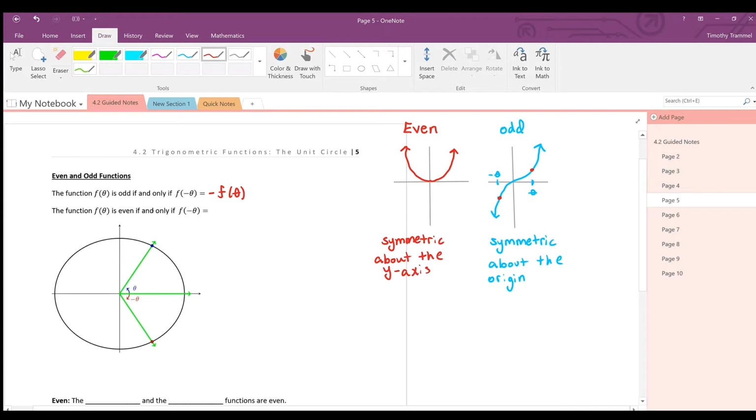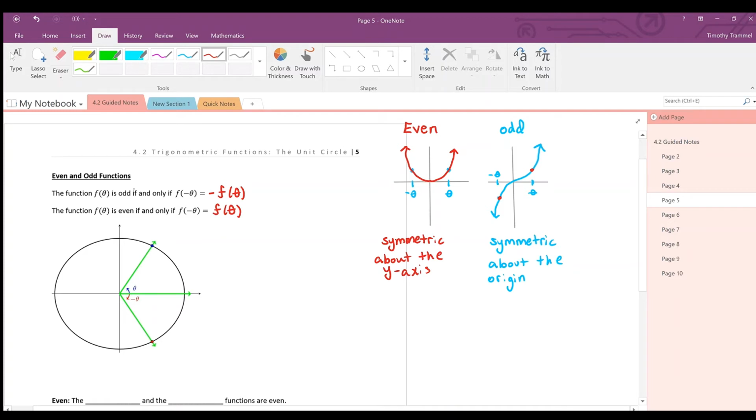Okay. And then even, we could say something similar if I were to, again, maybe put an angle here and another angle equally far in this direction, minus theta. The idea is that this should be at the same height, okay, the same y value. So what I'll write here is that f of minus theta is equal to just f of theta.